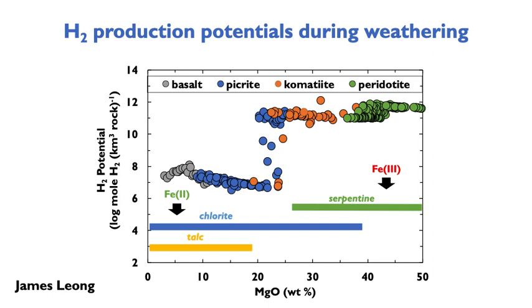And the reason is where the iron ends up. From peridotites and komatiites, the iron can fit into the mineral serpentine during serpentinization, and serpentine allows ferric iron into its structure.